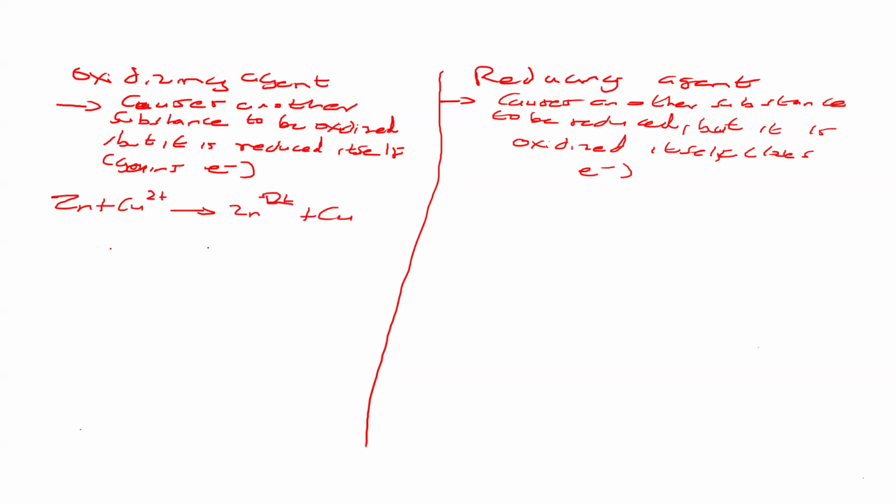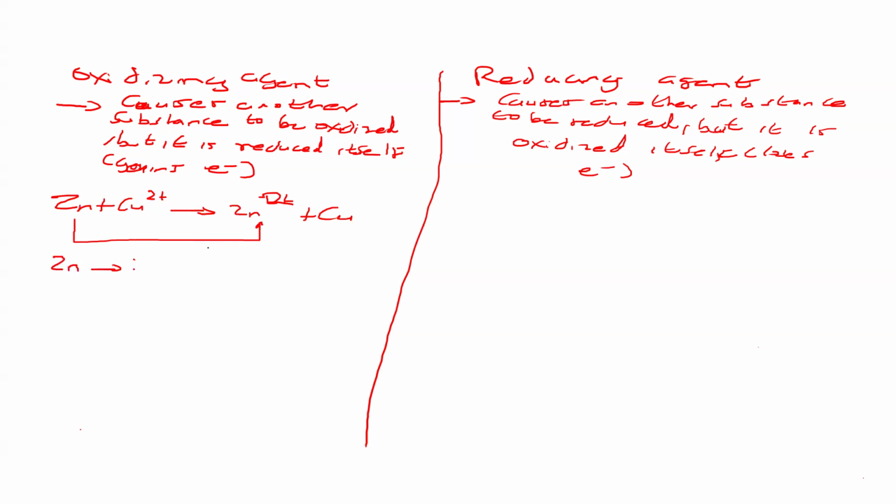So zinc loses 2 electrons. Let's focus on the zinc. Zinc loses 2 electrons. So as it loses 2 electrons, that is what you call oxidation. So it means zinc.